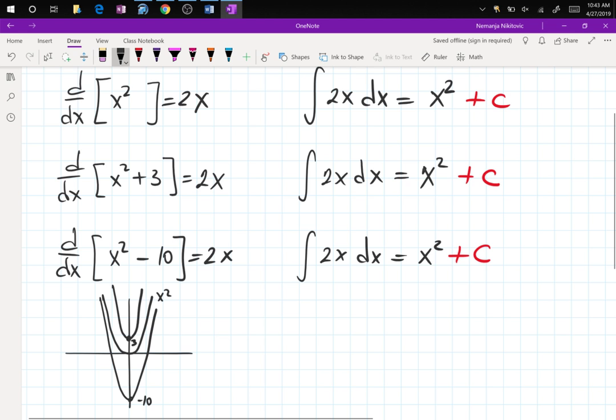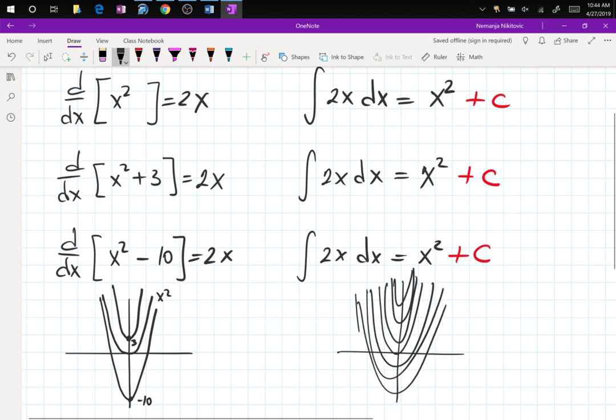They're all the same shape. All this constant is doing is moving it up or down, right? So this plus c business is actually going to have infinitely many of these, and they're going to fill all of the space. But no two will go through the same points.